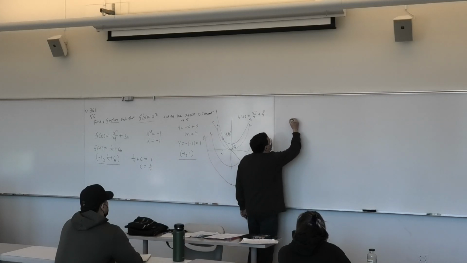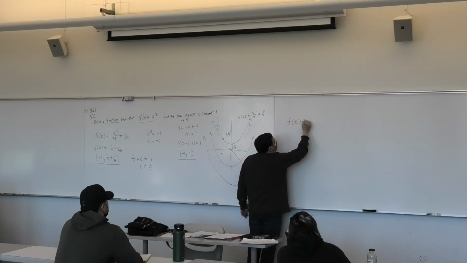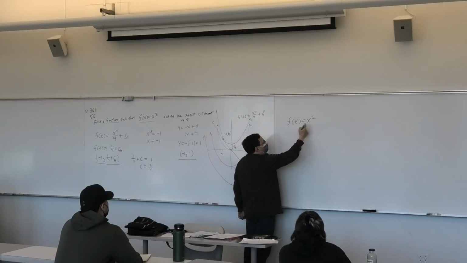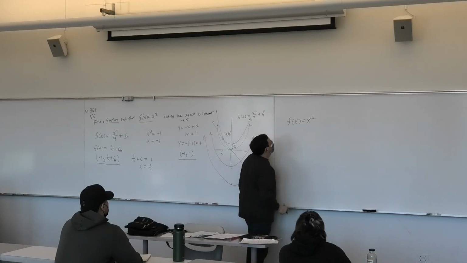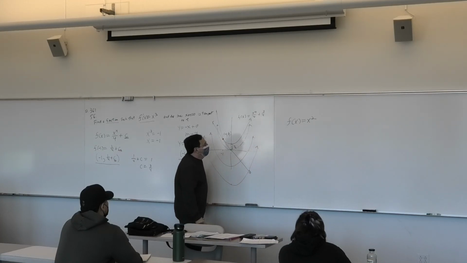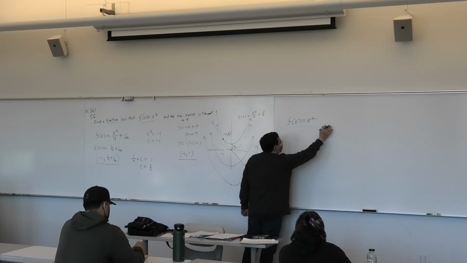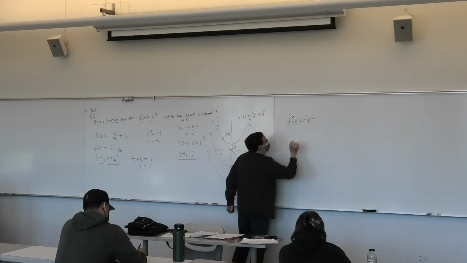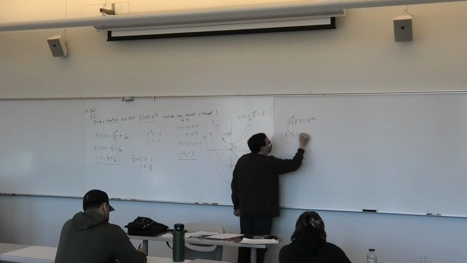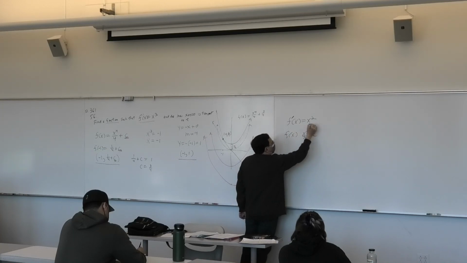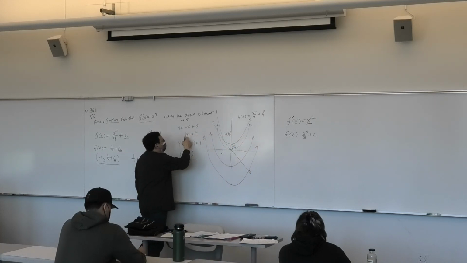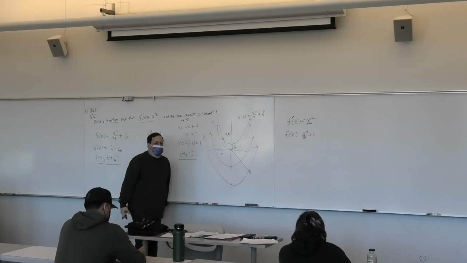Say the derivative function is x squared. I'm sorry, I said the derivative is x squared, so f is x cubed over 3 plus c. So the slope can only be positive. But if I gave you this line, where the slope is negative, then you can't.